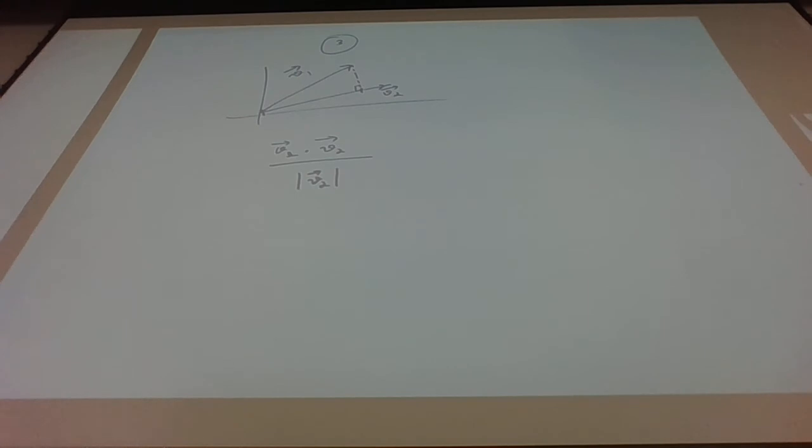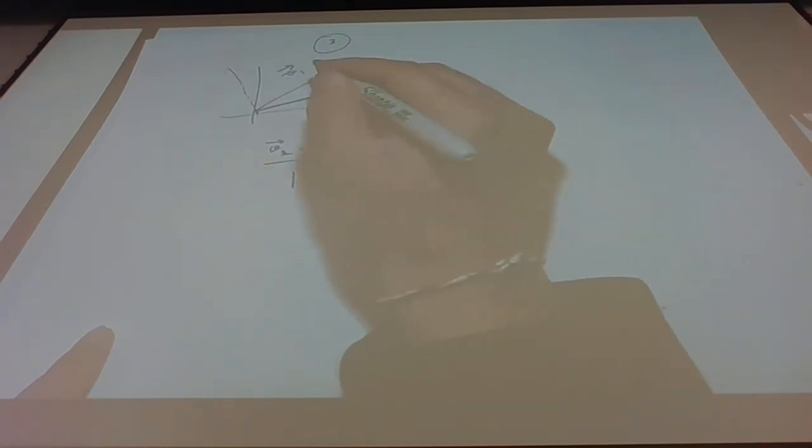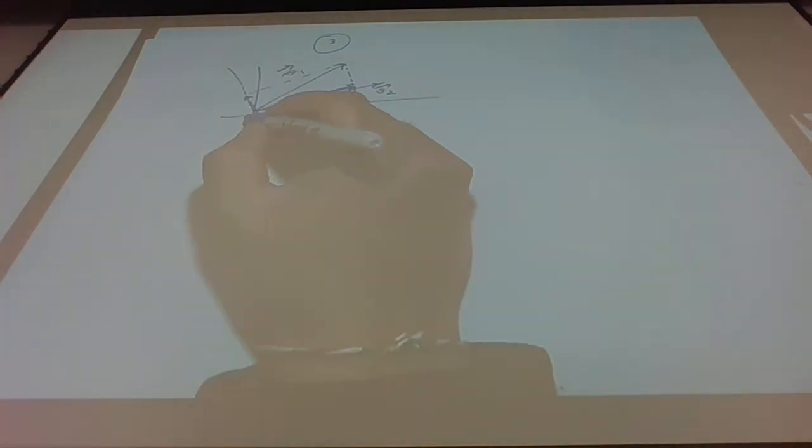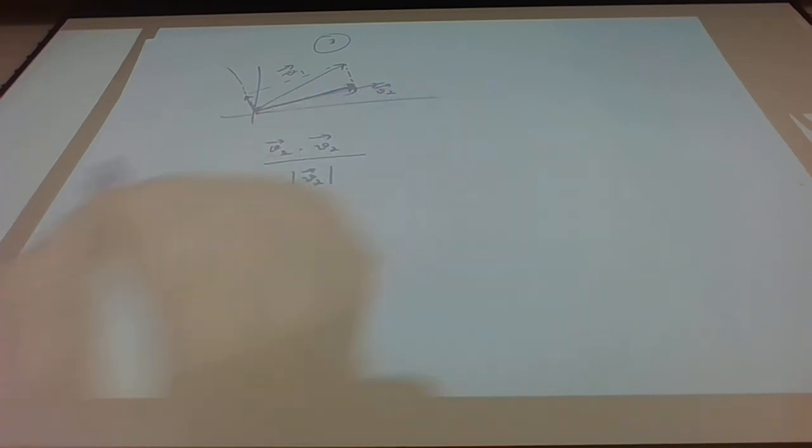But if you only work with this vector, what happens to the dimension that is perpendicular to v2? If you only argue about your problem by considering this dimension along v2, you are ignoring the perpendicular one. So you are reducing that dimension. Keep that in mind.